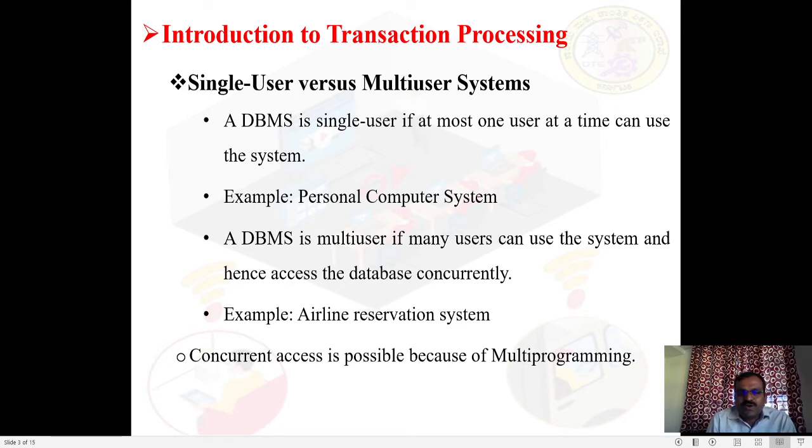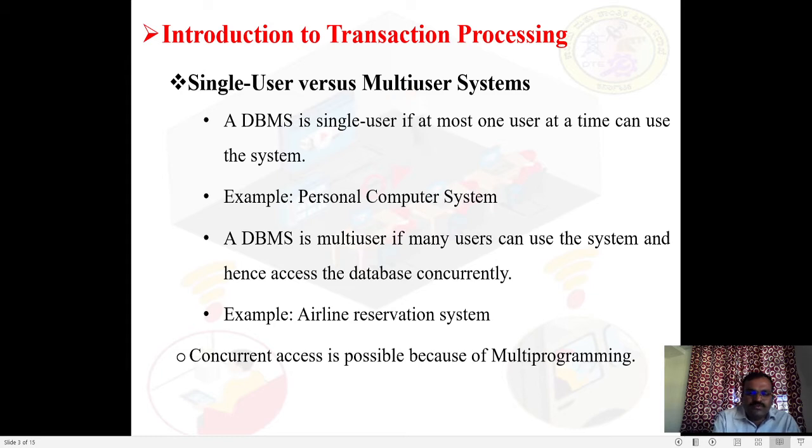Concurrent access is possible because of multi-programming. Multi-programming means we can execute any number of programs at a time.